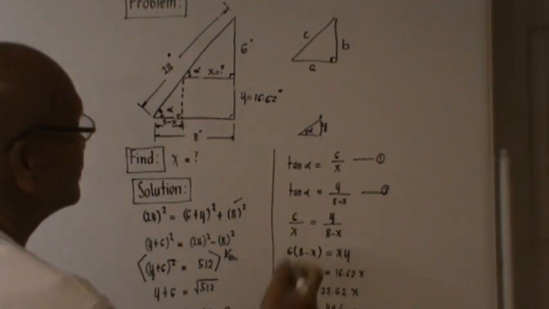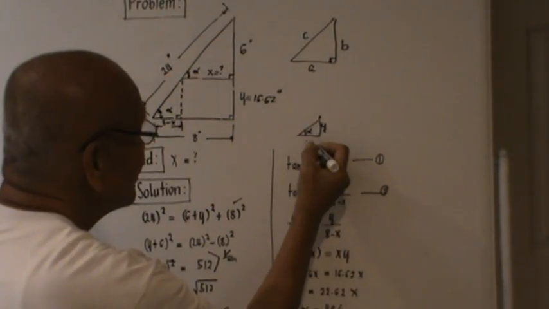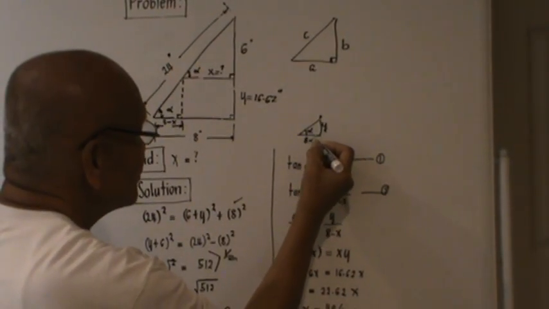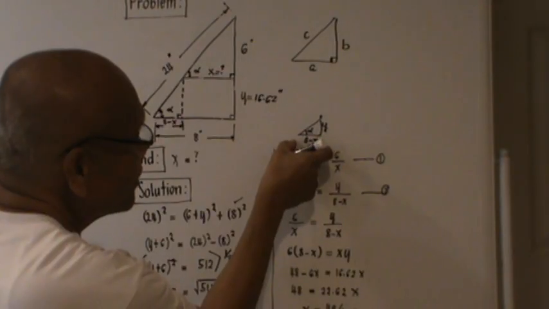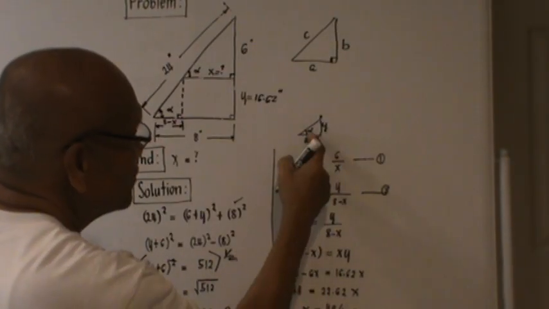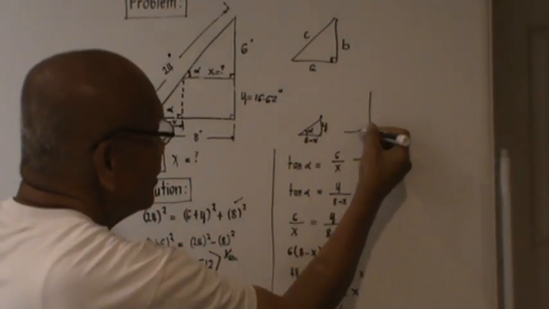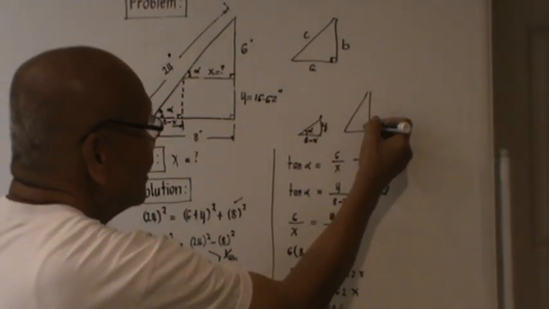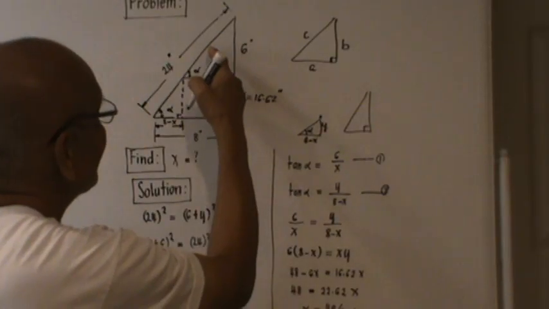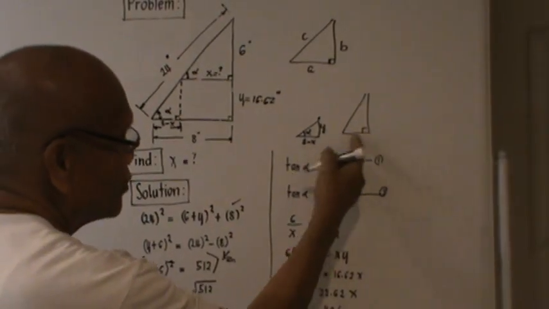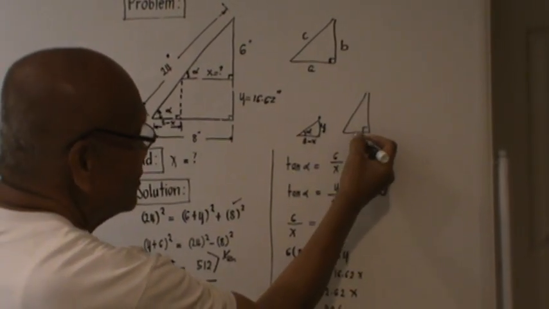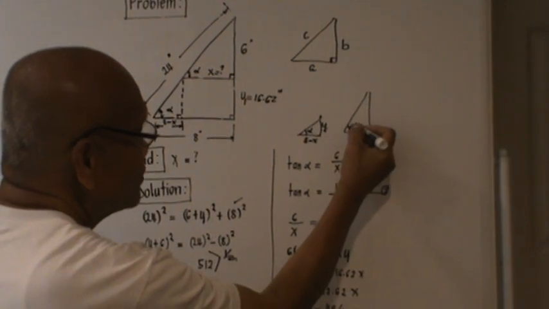So the first right triangle should have 8 minus x as the first leg, and this is y, and that's alpha. And the second bigger right triangle, the upper one, this one: the horizontal leg is actually x. This is still alpha.